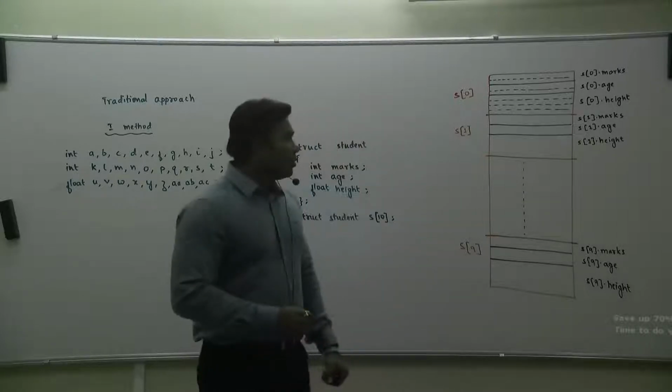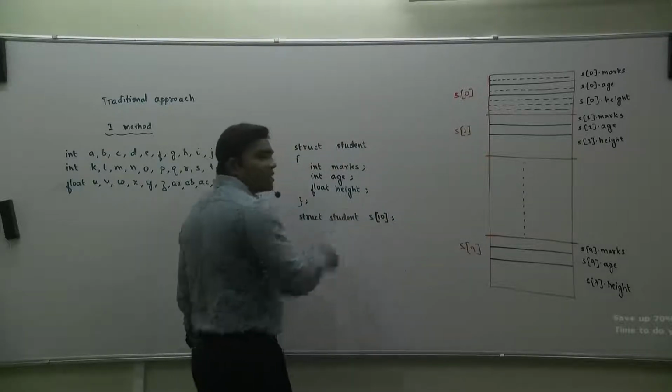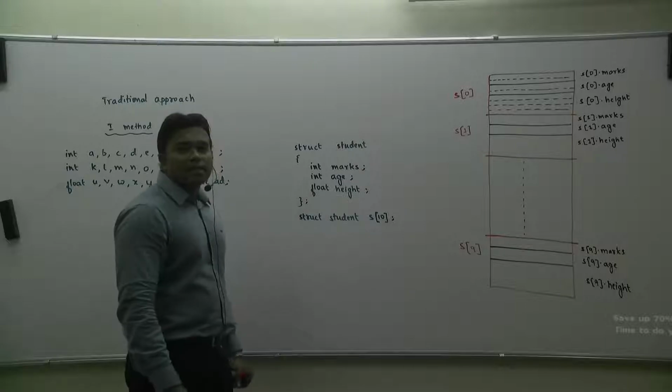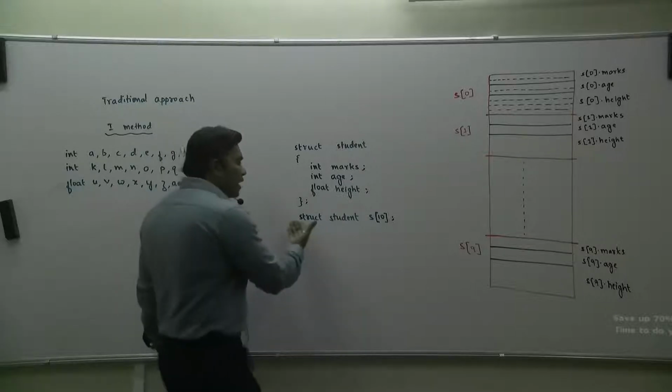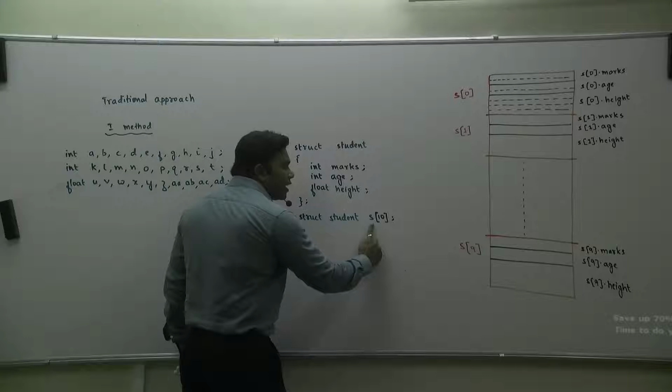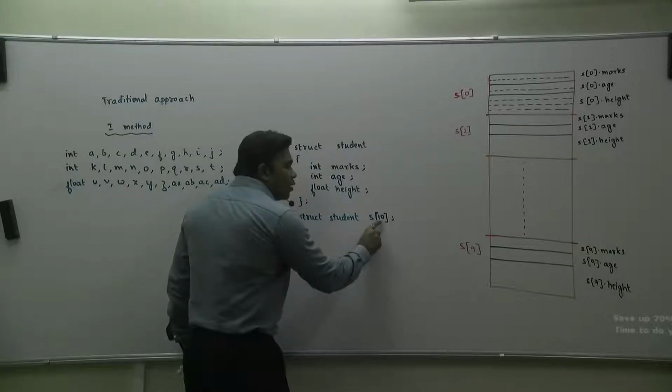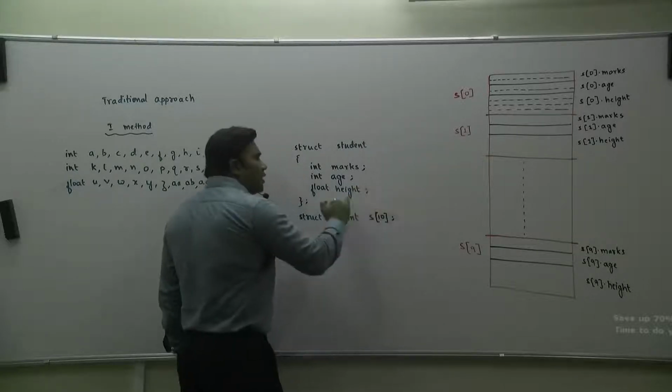Previously, I have taught you how to read declaration statements in one of my lectures. I told you always to begin reading from the variable, keep on going ahead till you hit the dead end, and when you hit the dead end, get back.